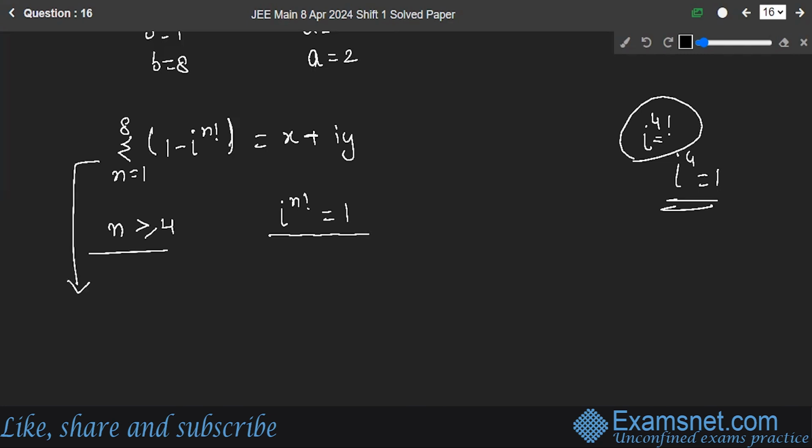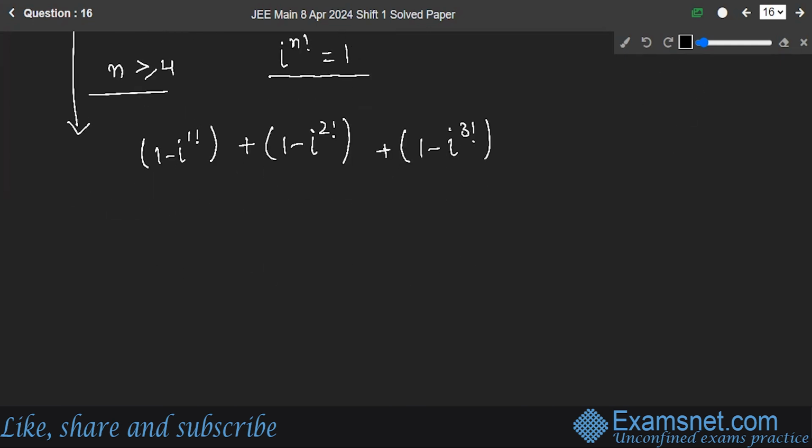So now this will be reduced to 1. You will have 1 minus iota power 1 factorial, and then 1 minus iota power 2 factorial, 1 minus iota power 3 factorial. Okay, so this is 1 minus iota, and iota square is equal to minus 1.